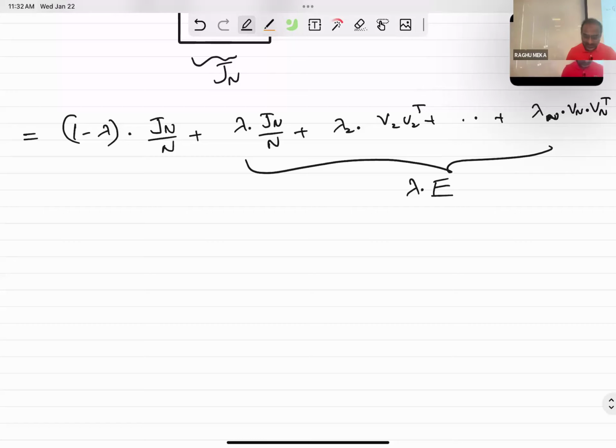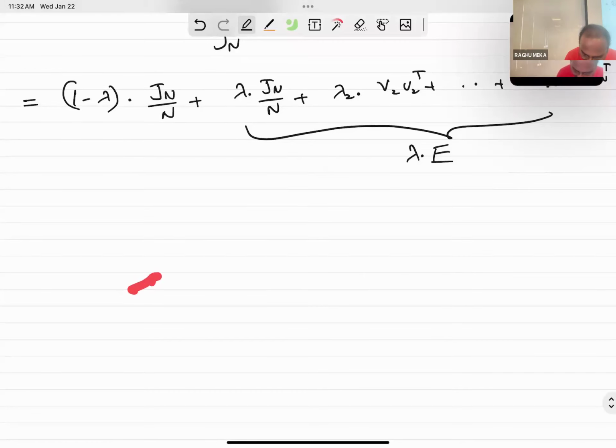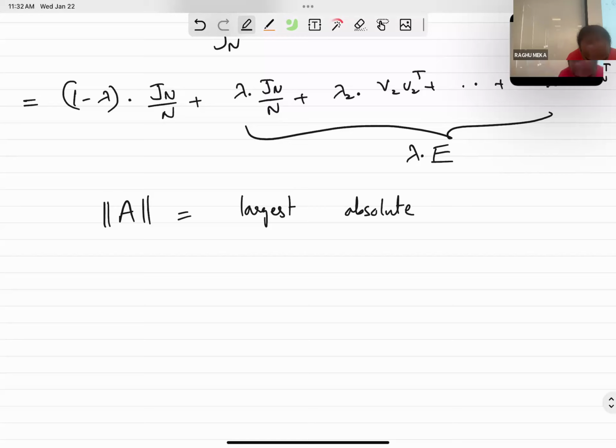Okay. So that means that if I define this norm for a matrix, which is called the spectral norm of a matrix, as the largest absolute eigenvalue of a matrix. This is called the spectral norm for symmetric matrices.